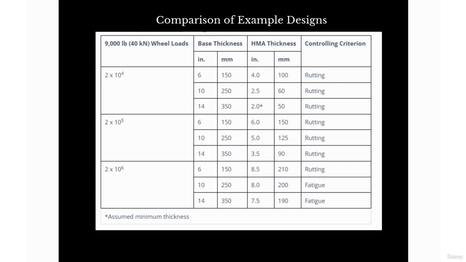So this is just showing you the different situations, in comparison, of how base thickness and HMA thickness would react for various loading scenarios. This is very important because you can use this to rationalize and optimize your design.